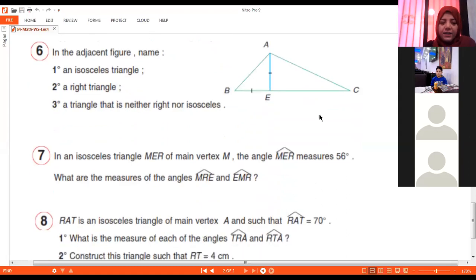In number 7, I told you that we have an isosceles triangle MER of main vertex M. When I tell you main vertex M, what does that mean? Who can tell me?